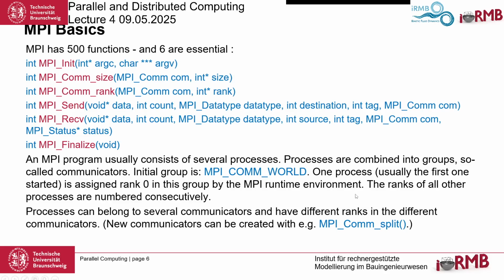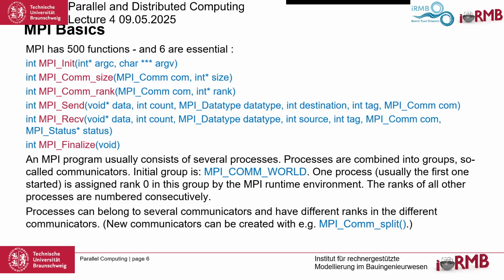Then there are these different ranks, and the only thing that you have to remember with the ranks is that they start from 0. The lowest process is rank 0.